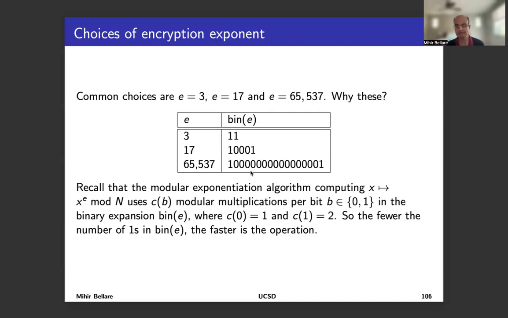What that means is every time there's a 0 bit, it's half the cost of a 1 bit. So the more 0 bits, the faster things will go. Of course, you could always make things very fast by just using 3 compared to the bigger numbers, but they had some security reasons, not necessarily valid from a modern context, to go to larger values.